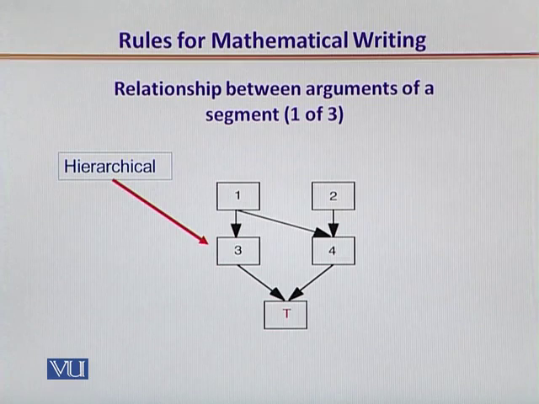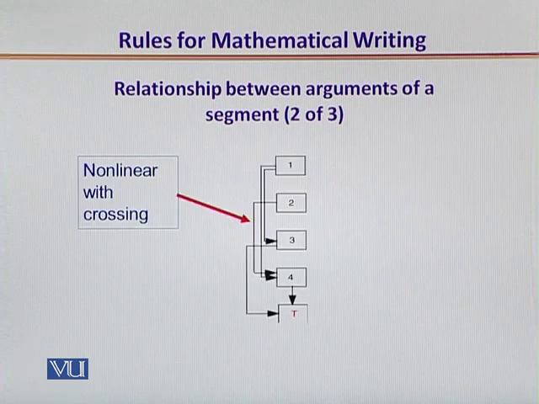Specifically, you can see that argument number 1 at the first level is connected to argument number 3 and 4, whereas argument number 2 is just connected to argument number 4. Making such hierarchical relationship for a segment makes the understanding of arguments slightly complex.